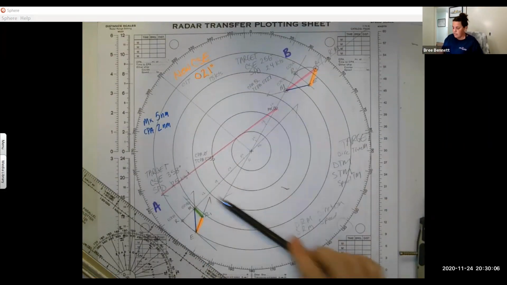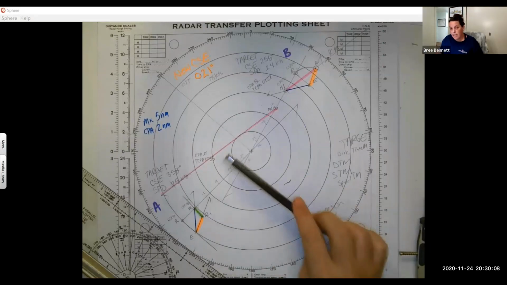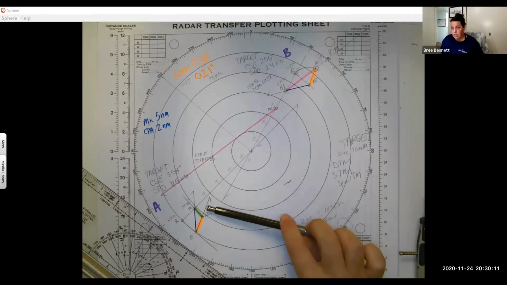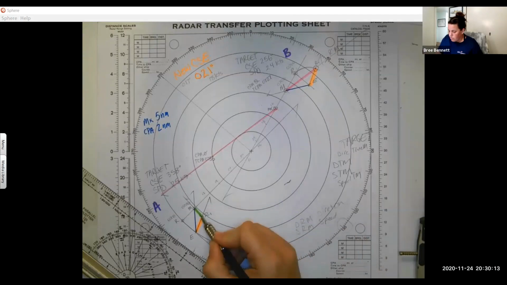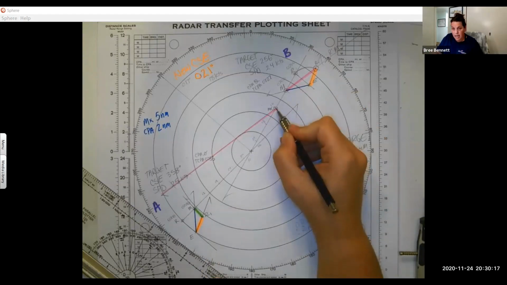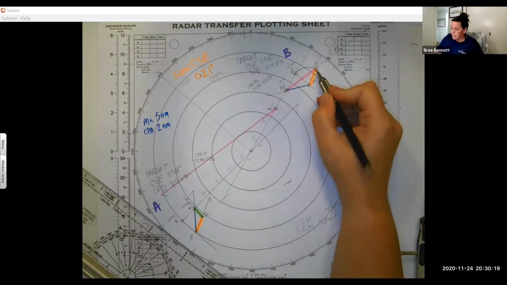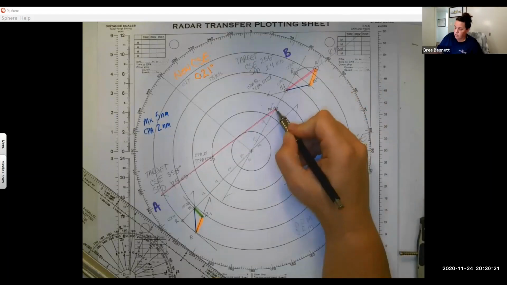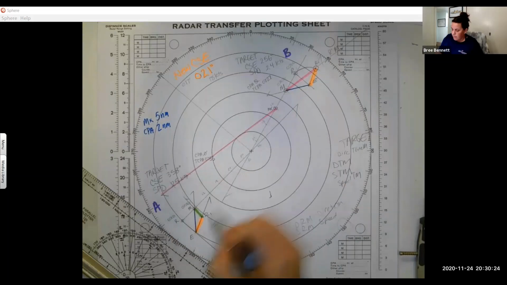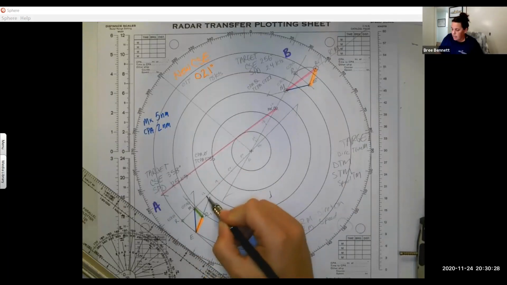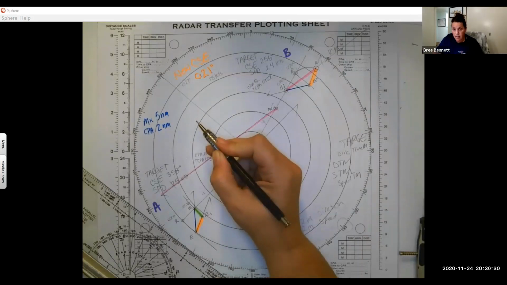Now what I want to know is what my CPA is on this target now. So I'm going to move this new relative motion line, just like this one is, to MX. So we had R prime to M, and then from MX we created it again. I need to figure out where MX is going to be and create the line again.